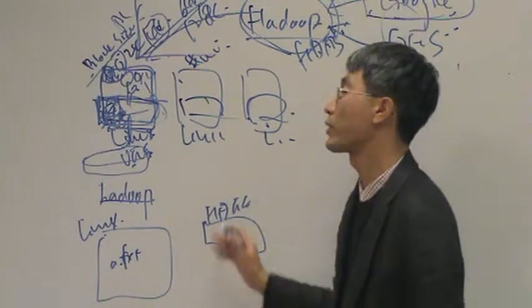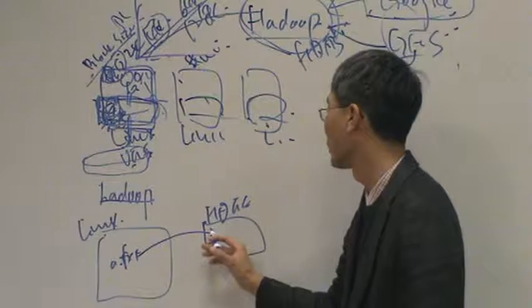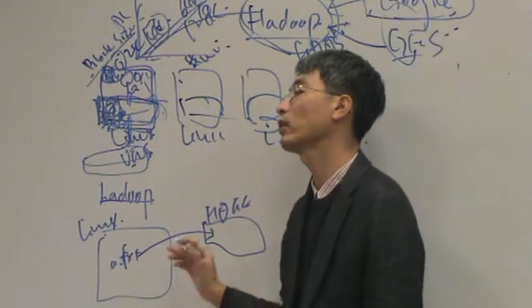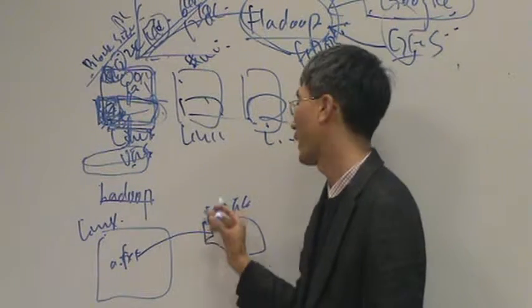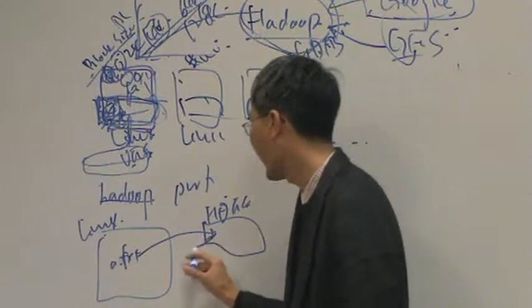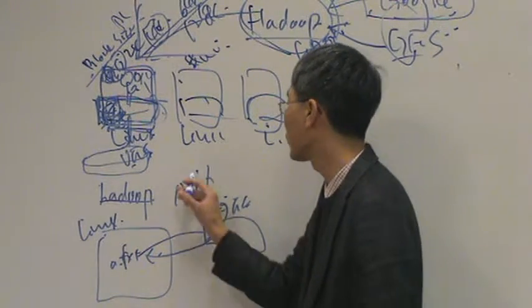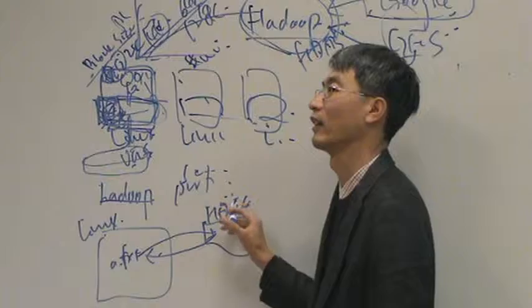If you want to use the power of the Hadoop system, you need to move such a file into the new file system, the Hadoop file system, using the put command. And the get command is a download. Okay, to read the data, you need to scan, something like that.